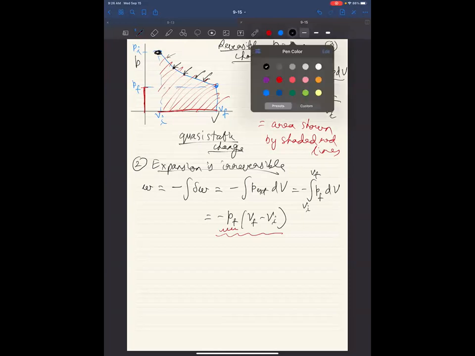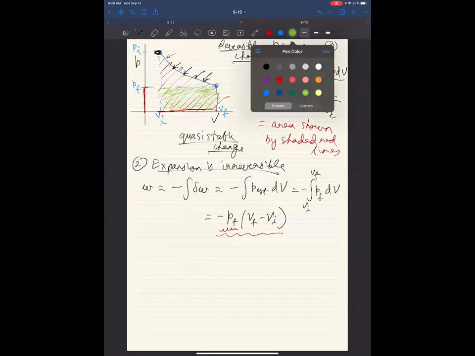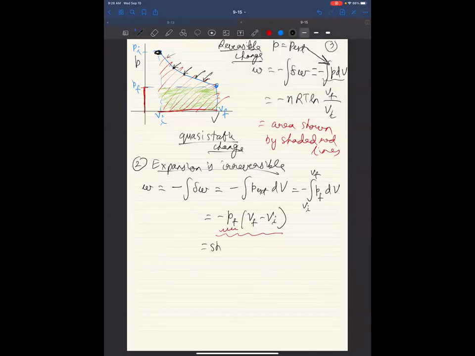So we can plot it in another color. It is equal to the shaded green region, and let's call this figure 1.